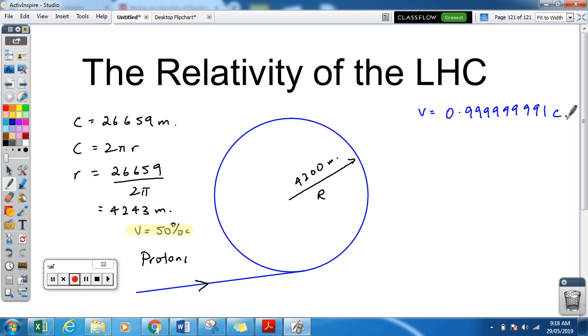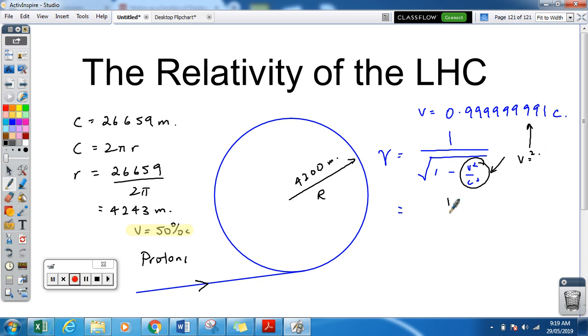Now at this level of velocity, our gamma factor, as you know, is 1 over the square root of 1 minus v squared on c squared. Now this fraction v squared on c squared, because it contains the c squared on the bottom, would just be this velocity as the decimal of light, squared.